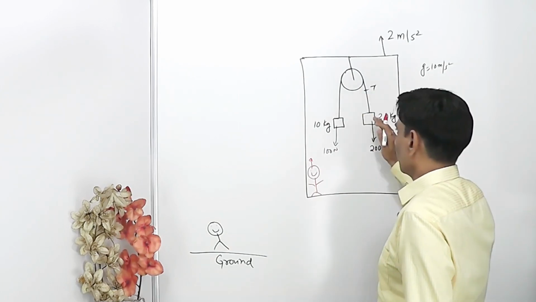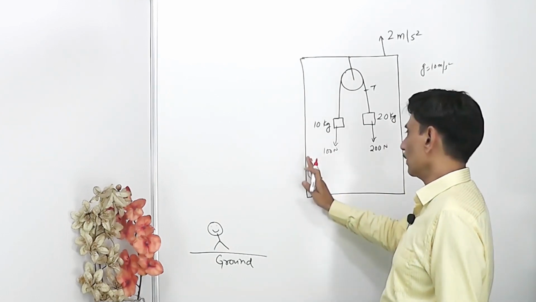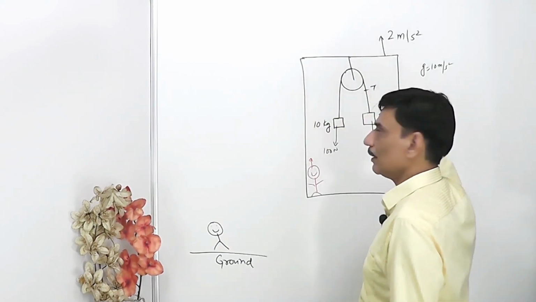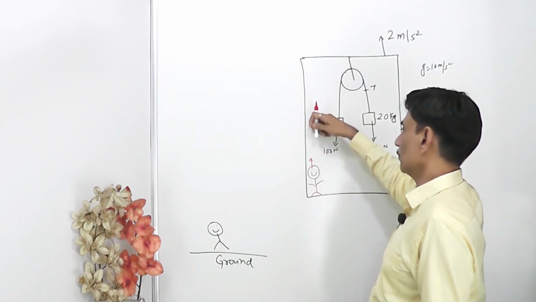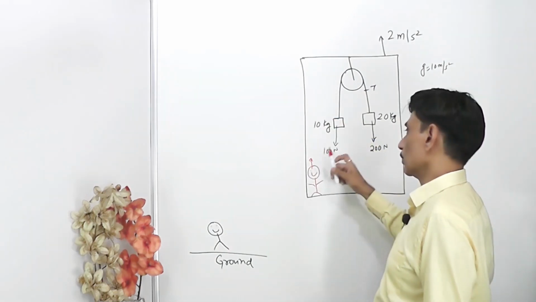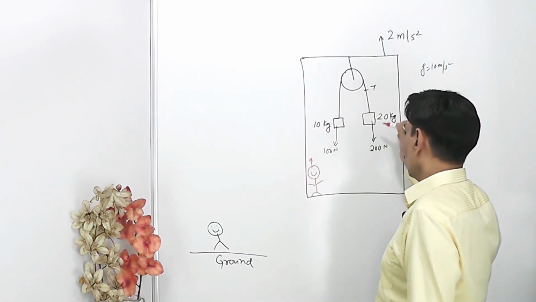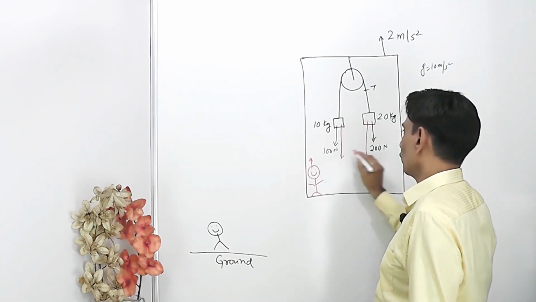It is not about which way the block is going, it is primarily which way the observer is accelerating. These blocks may be going any direction, but the pseudo force will always be applied in this direction because he is accelerating in the opposite direction. So the pseudo forces on the blocks will be in the opposite direction, onto this in this direction, onto this in this direction, both vertically downwards.